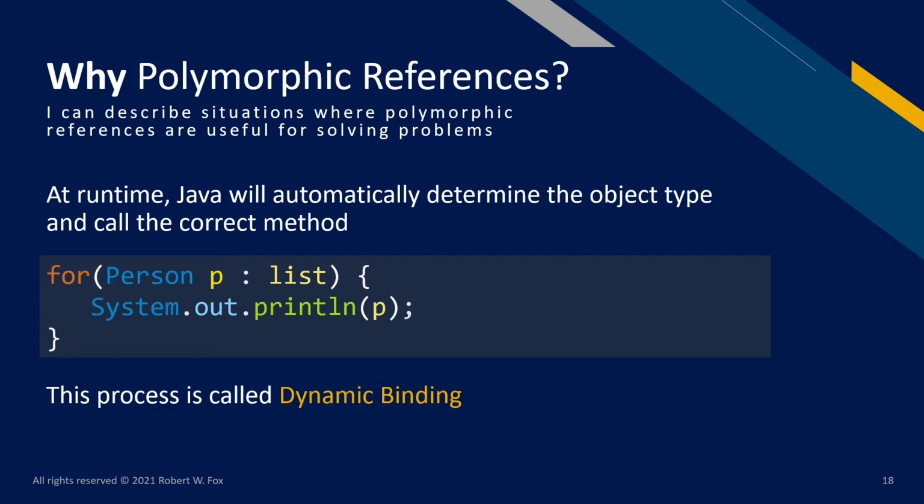If it happens to be a person object, it will automatically know to call the person toString method. And if it identifies it as a student object, it will automatically call the student toString method. This is a process called dynamic binding. And really that just means that on the fly, when the program is running, Java will bind the method call to the correct method based on the object type. In other words, it just figures it out as it goes.